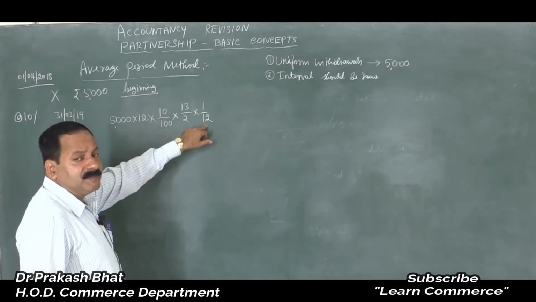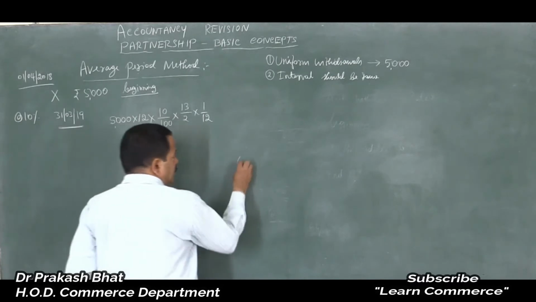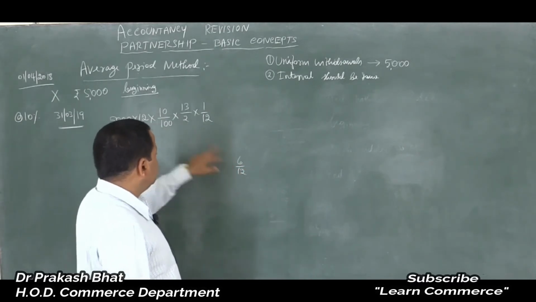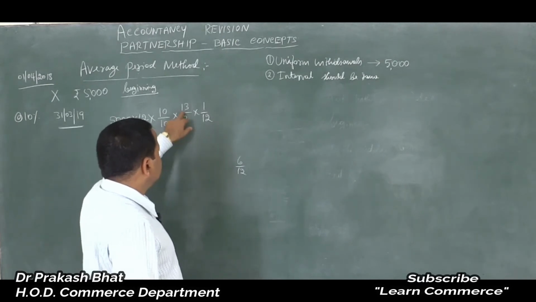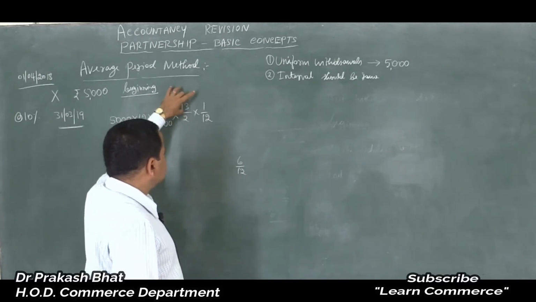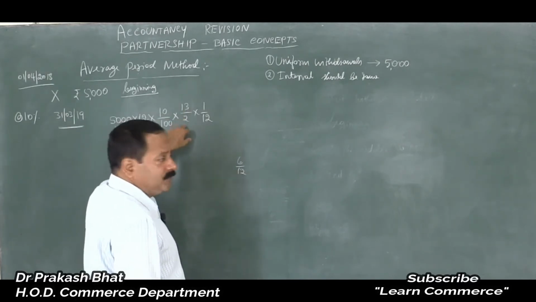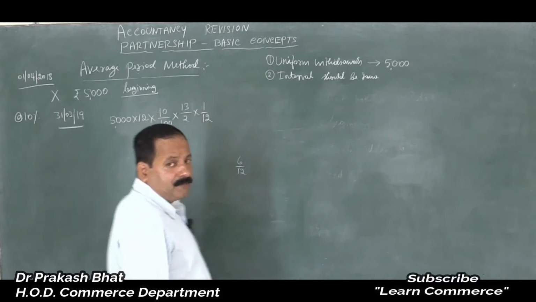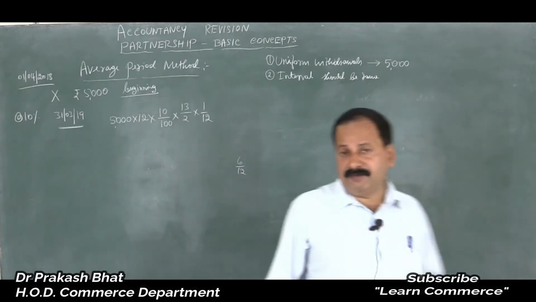How will you write 6 months? 6 by 12, right? So here 6.5 is there, so you will convert it: 6 2s are 12 plus 1, 13. You will keep it as the numerator, 13 by 2 into, you have to divide it by 12, so 1 by 12. This is how you have to write.